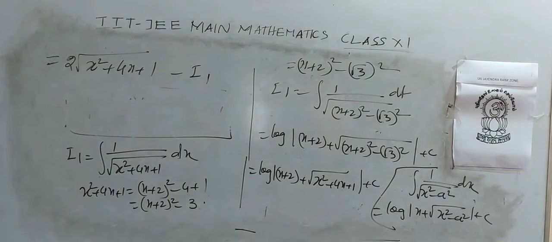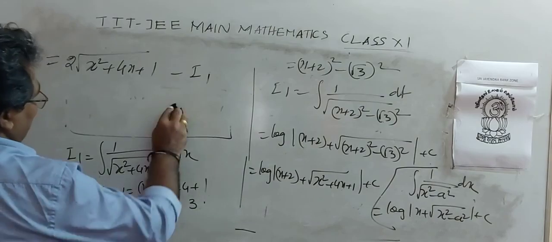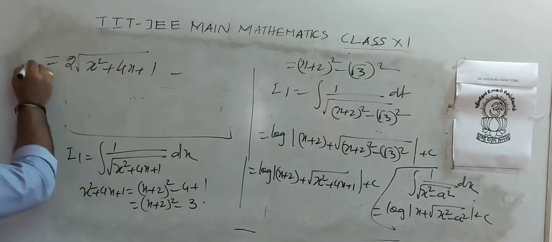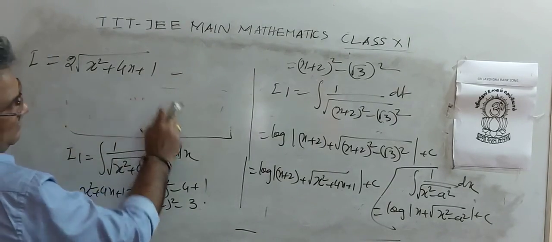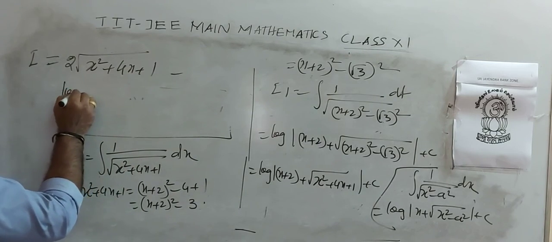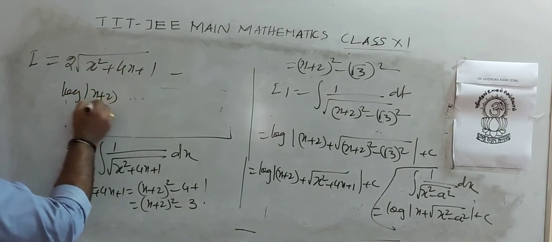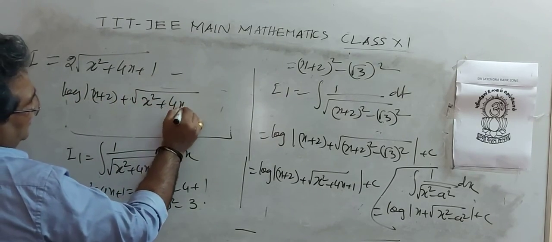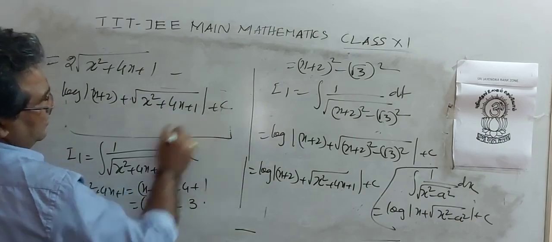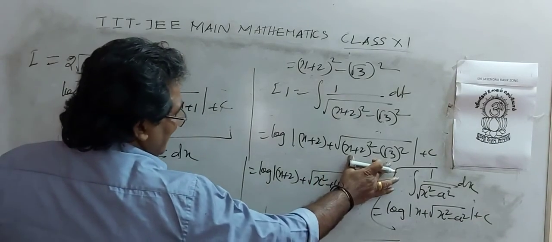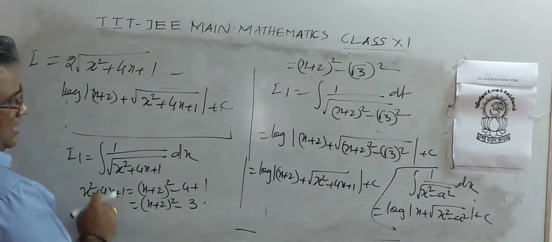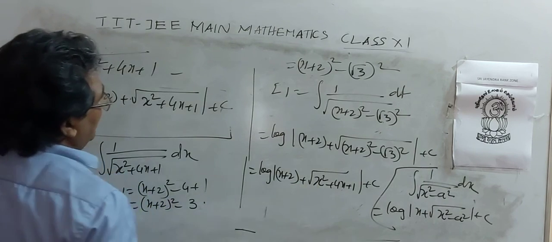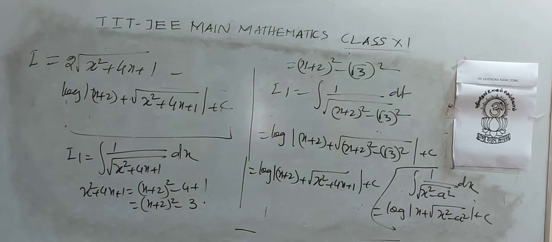So, in place of I1, the next step you can write I equal to this step minus, in place of I1, write log modulus of x plus 2 plus root of x square plus 4x plus 1 plus c. So this is derived from this one. That's why in place of this we write x square plus 4x plus 1 plus c.